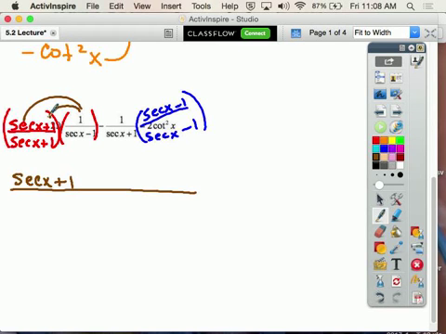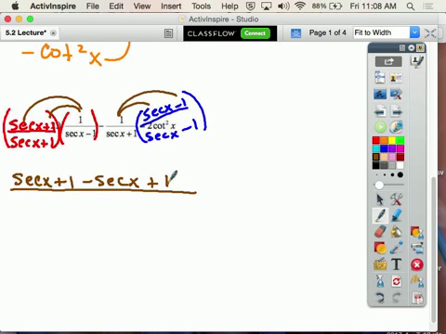But when I multiply the stuff on the right-hand side with the blue, notice there's a negative sign in front of the 1? That means I have negative 1 times secant, so that's negative secant x, and negative 1 times negative 1, so that's positive 1. So all I did was distribute the 1s to their respective things.